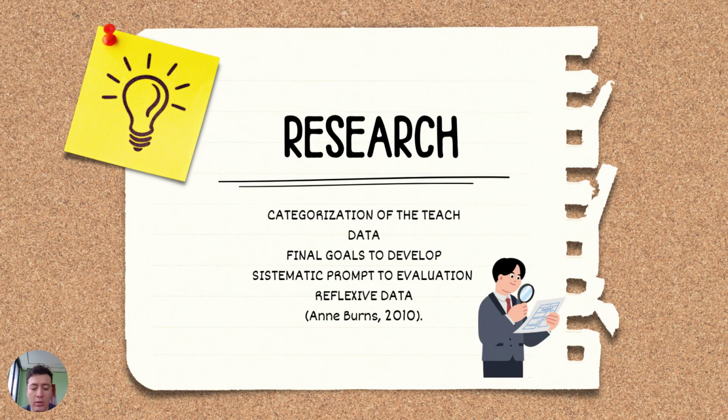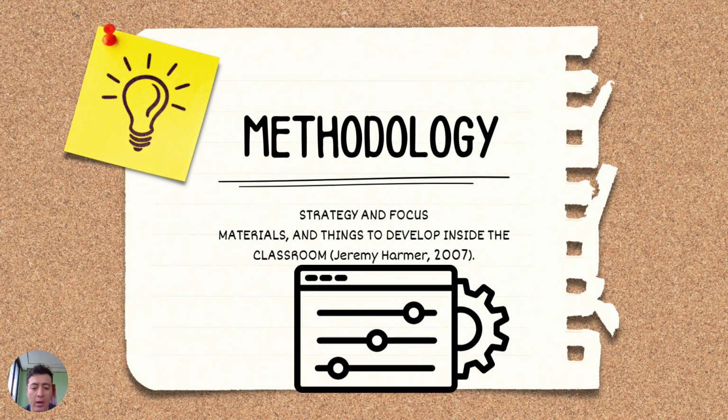For example, we need to evaluate our methodology, the materials connected with the topics proposed inside the English classroom. For example, different materials, maybe the technology or even the recycling things that we need to develop.